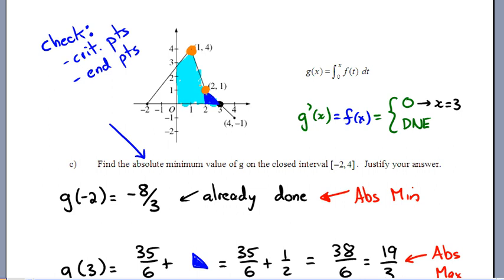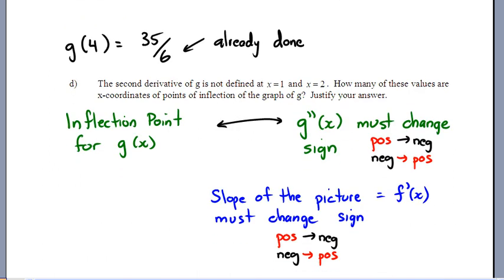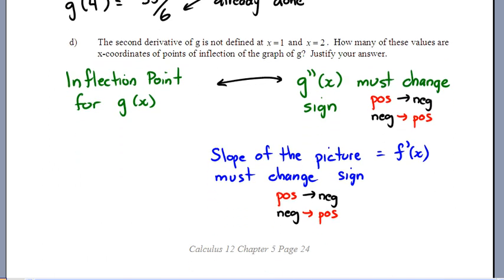Well, it does at one only, and that's at x equals 1. It goes from a positive to a negative slope for the picture, but not at x equals 2. It's a negative slope and a negative slope. So yep, I can see it. It's going to happen only at x equals 1.